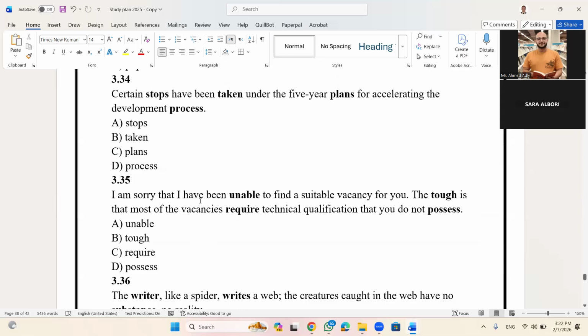Certain steps have been taken under the 5-year plans for accelerating the development process. So I'm talking about the operation to make some development and make development faster than before. It was a plan for 5 years, and we have taken some steps.